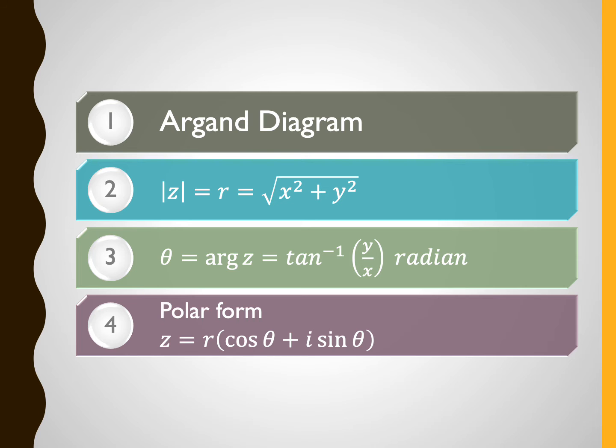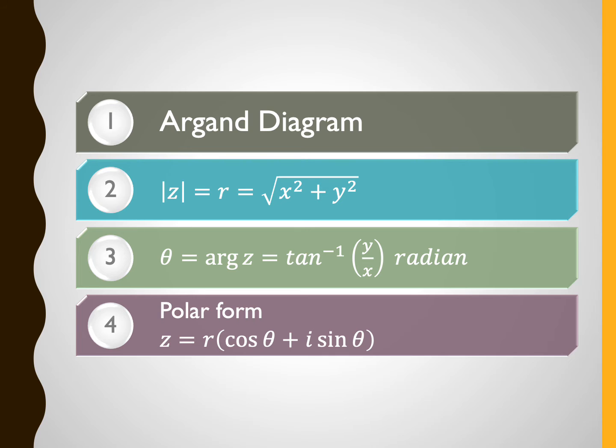The second point is modulus. The modulus of a complex number z is equal to the length of the segment, so it equals square root of x squared plus y squared. The third point is to calculate the argument of z, that is equal to arctangent y over x. The unit is radians.